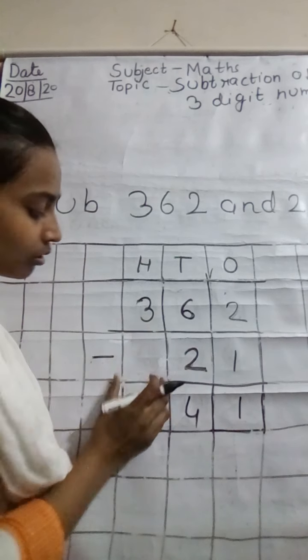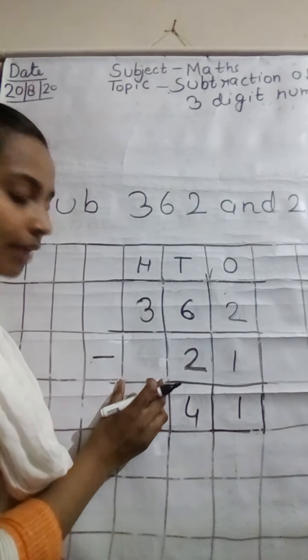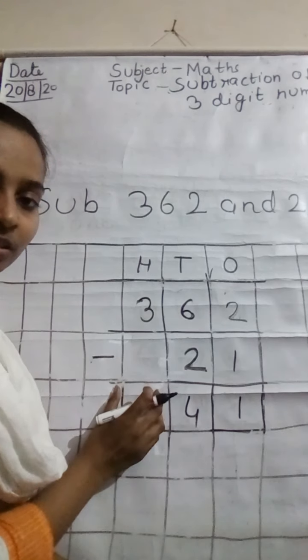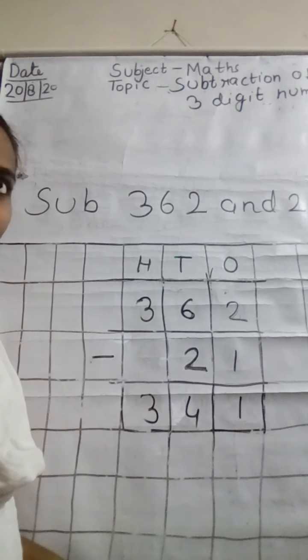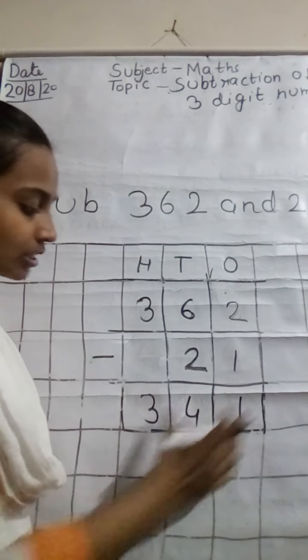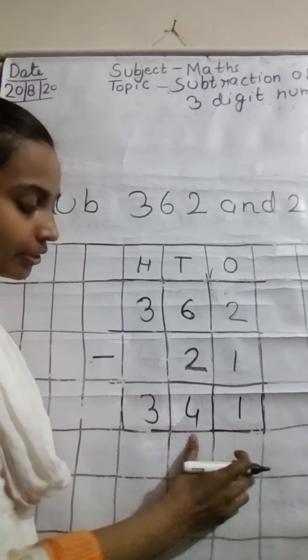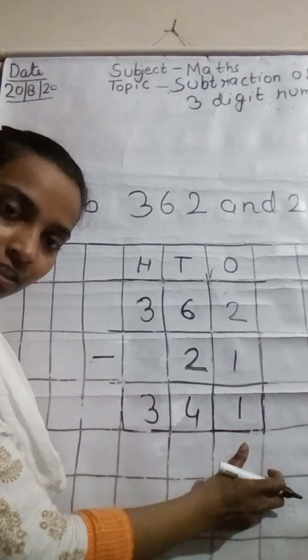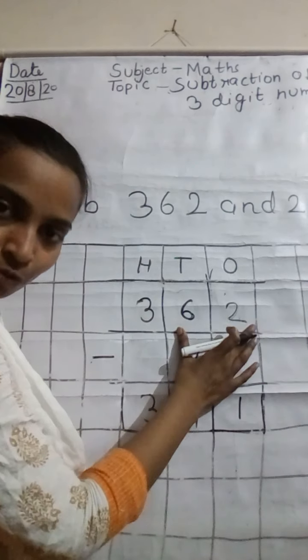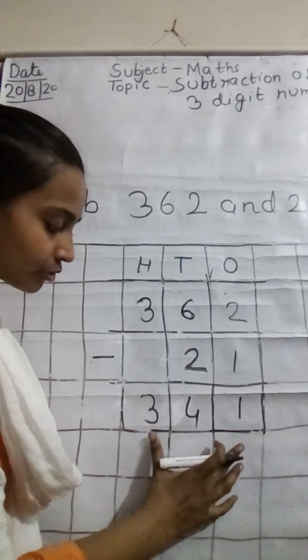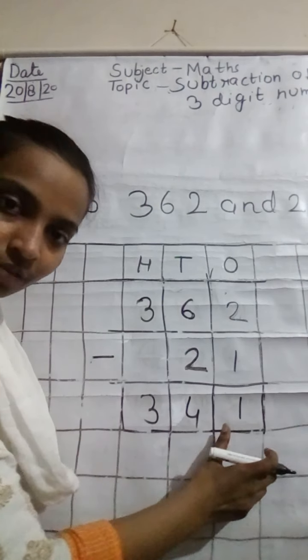No, so we don't have any number to subtract from 3, so we just put it down as it is. So what is the difference? 341, right children? If we subtract 21 from 362, then we get 341.